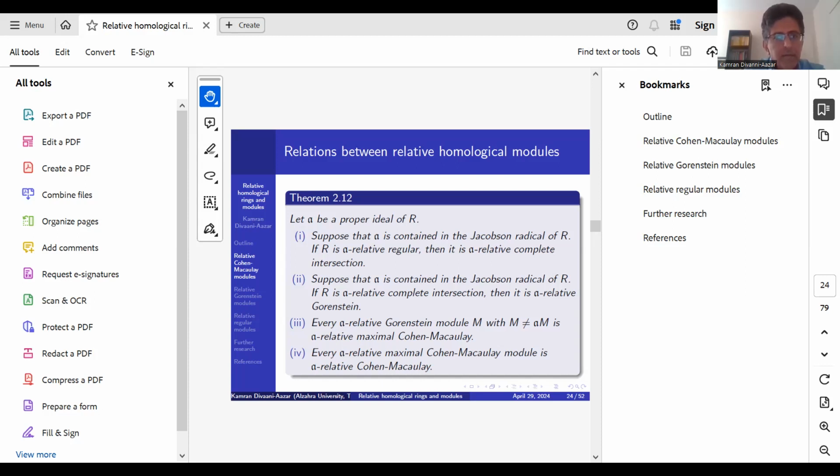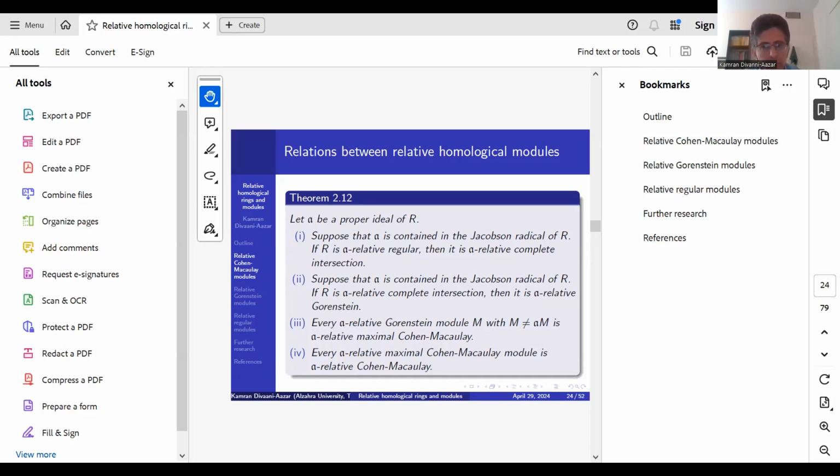We say that M is a relative regular if the grade of A and M is the homological dimension of A and M. And we say M is a relative maximal Cohen-Macaulay if the grade of A and M is the cohomological dimension of A and R. Here we have M, but here we have R. Since we have these inequalities, always the grade of A and M is smaller than or equal to the cohomological dimension of A and M, and this is always smaller than or equal to this.